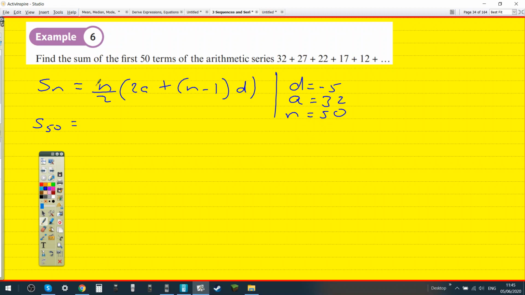And so we produced this formula. So would that be 25? Yep. And then brackets, 64 plus n minus 1, what is n? Plus 49, sorry.